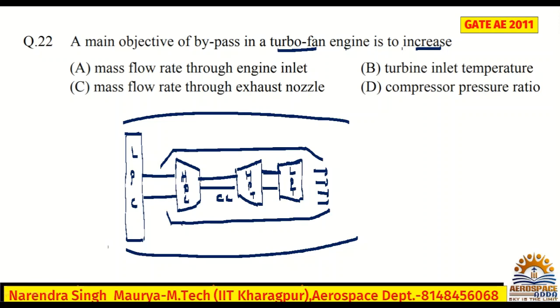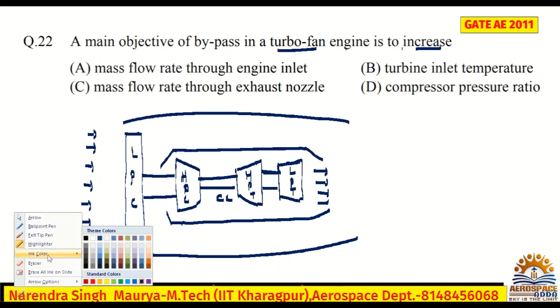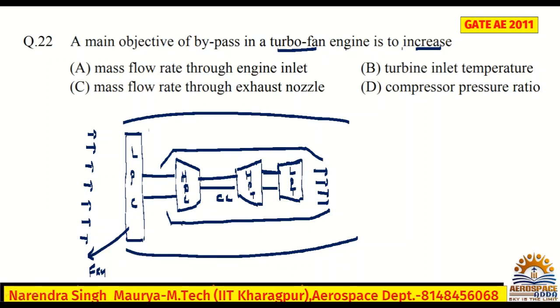Simple. The work of the fan is on whatever air is entering here. Check, because they are asking the objective. This fan is dividing the stream into two parts. First, that air is passing in this way.